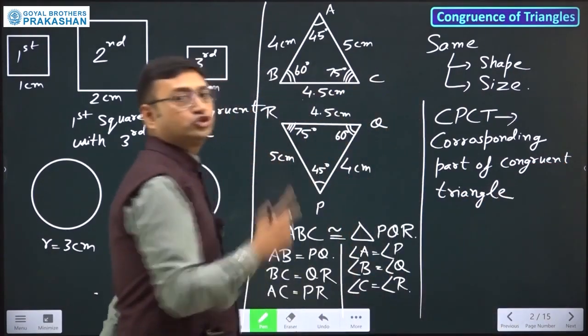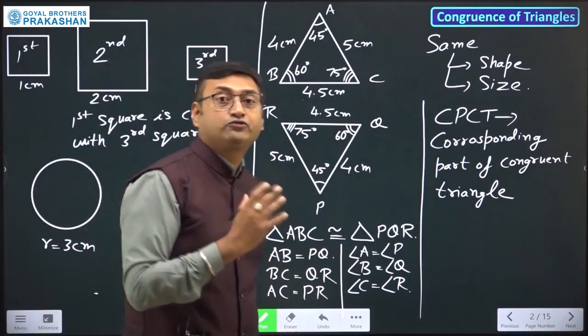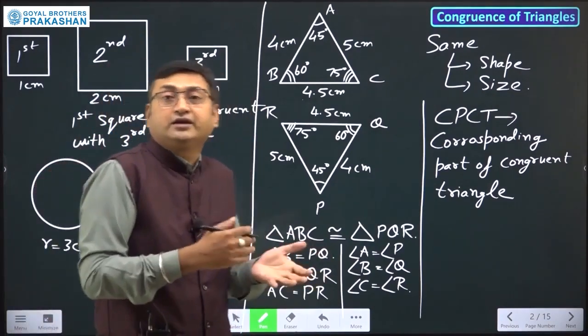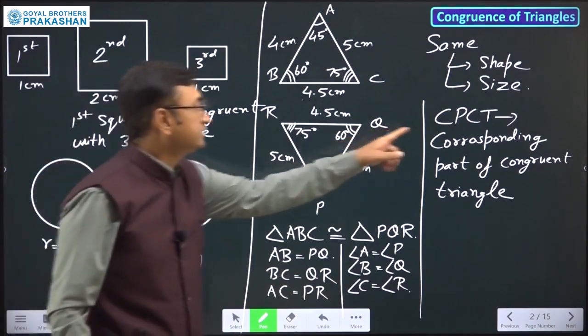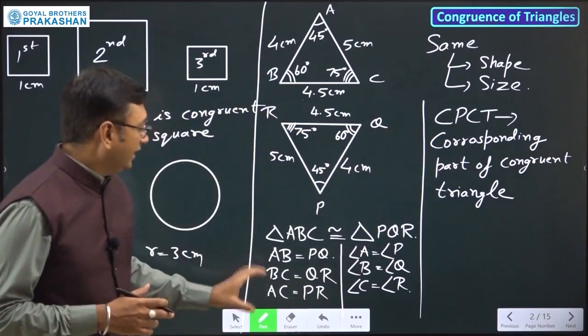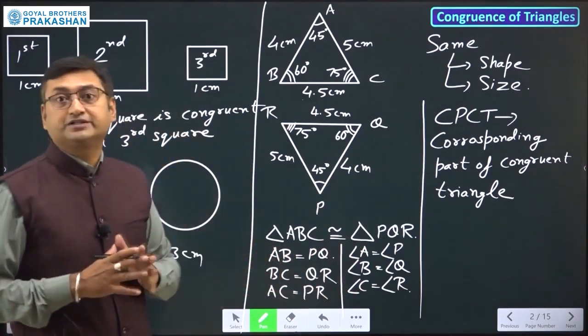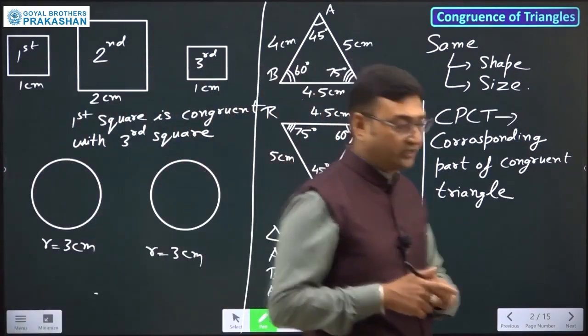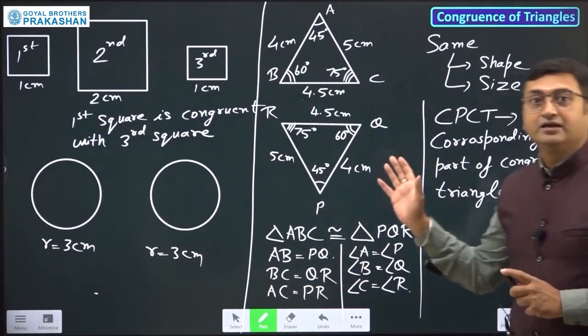This short form CPCT we can use if two triangles are congruent, or if we have proved two triangles are congruent, then if it is further required we can use CPCT, that is corresponding parts of congruent triangles, and these are the corresponding parts. Is it clear? Okay, if it is clear, please write down the complete note and it will be very useful for you.